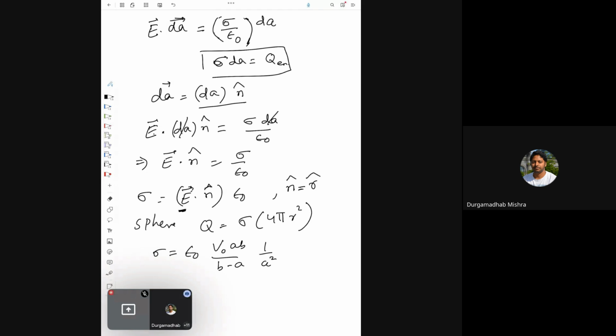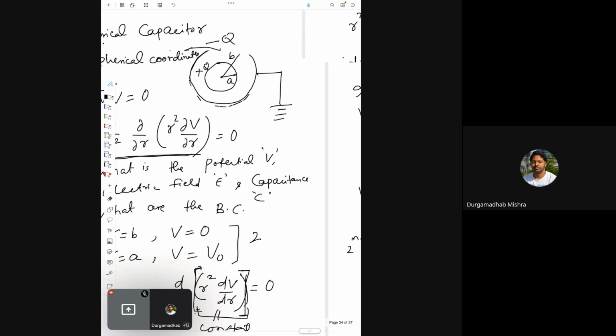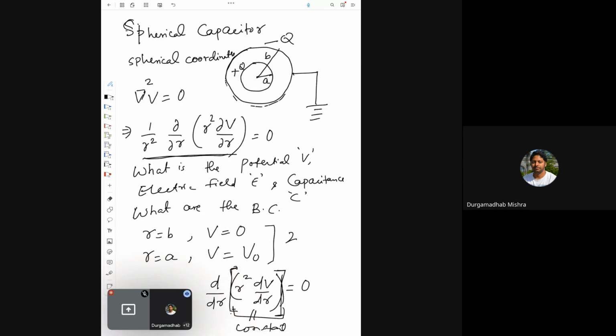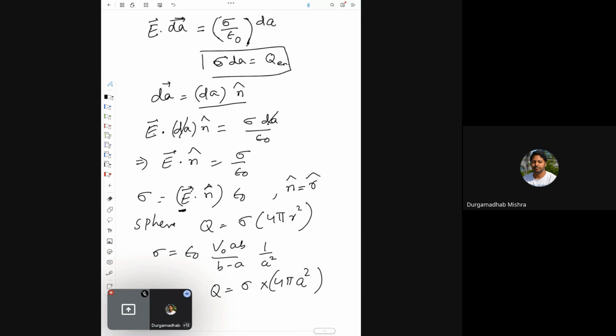This is what we want to find, the charge density on, for example, the plus Q charge on the inner plate or the inner sphere. So it will be sigma into 4 pi A squared, where A is the radius of this inner sphere. Now you substitute all these terms and simplify.